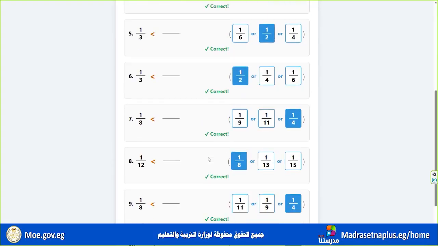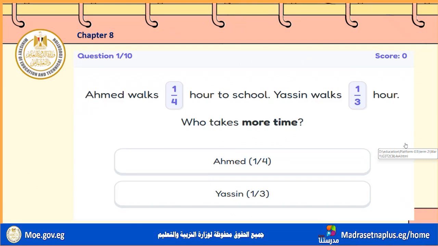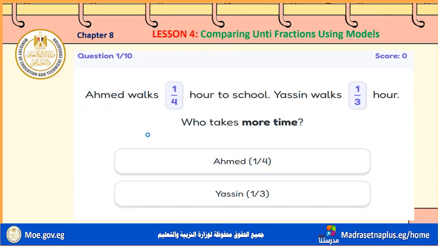Correct. So we finally scored 10 of 10. It's easy to check your answers. Now let's study some problems using fractions.